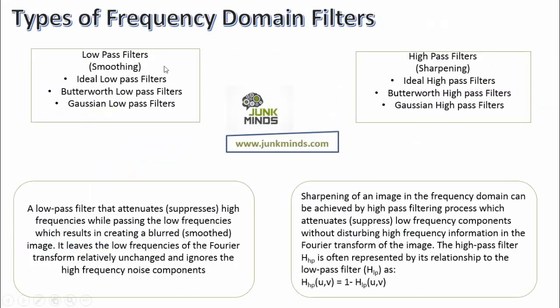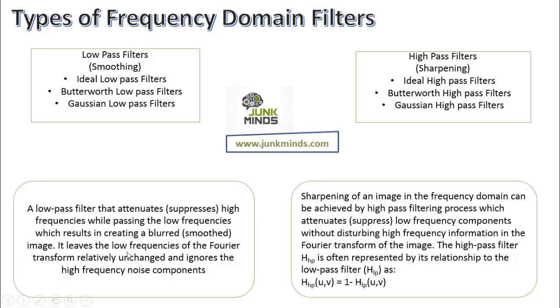Let's see the different types of frequency domain filters. There are two types, one is low pass and one is high pass. The low pass is the smoothing one and the high pass is the sharpening one. There are three types in both of them: ideal, Butterworth and Gaussian. In smoothing, a low pass filter attenuates, which means suppresses, high frequencies while passing the low frequencies, and it creates a blurred, smooth image.